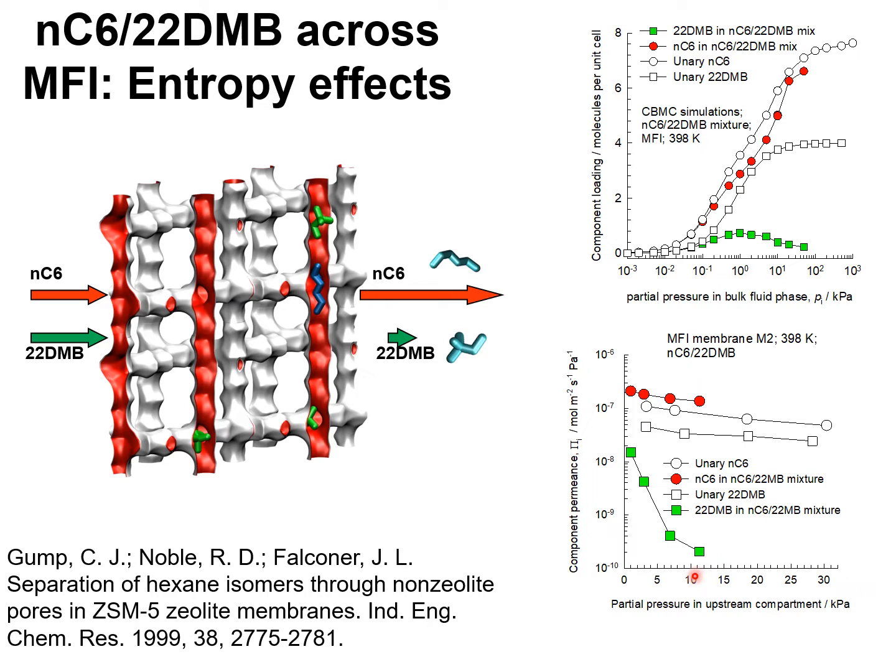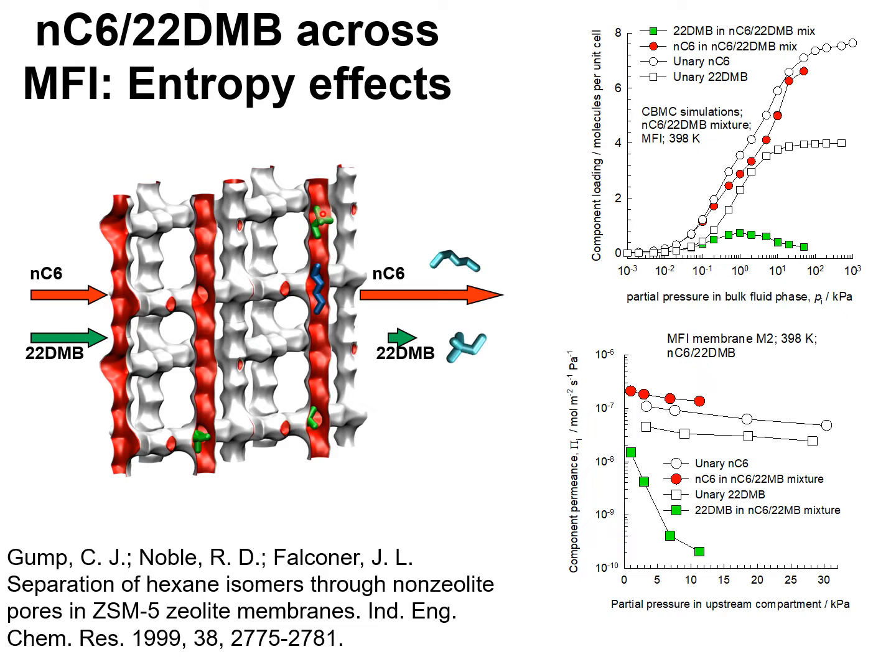We note that the 2,2-DMB permeance in the mixture is reduced by about 2 to 3 orders of magnitude below the value for unary permeance, whereas for NC6 the permeance in the mixture is almost the same as the unary permeance. To understand this strong reduction in the component permeance for 2,2-DMB, we have to understand that the mixture adsorption is dictated by entropy considerations.